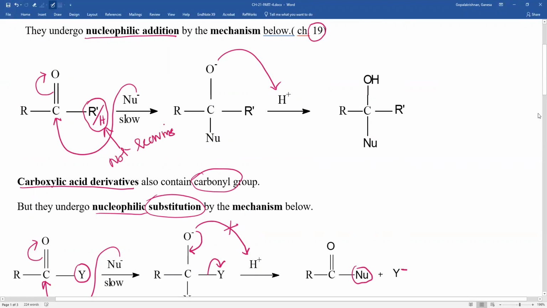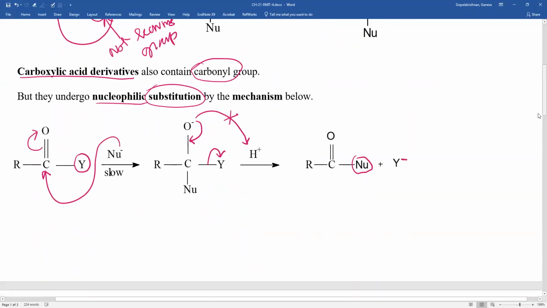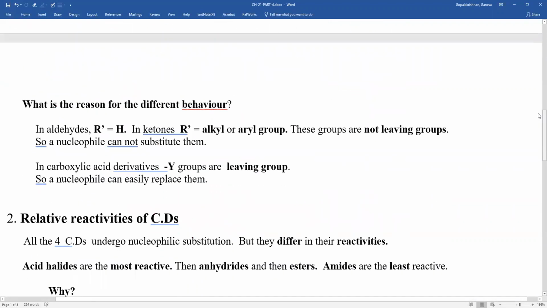If a group is not a leaving group, you cannot substitute it. But the Y groups in carboxylic acid derivatives are leaving groups, so you can substitute them. That's the reason. I put it in words here, you can read it.